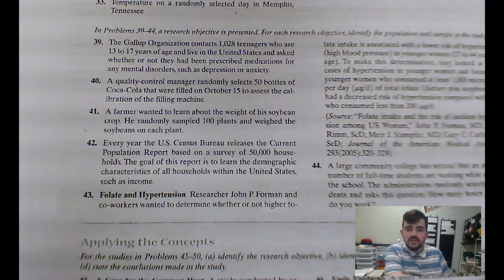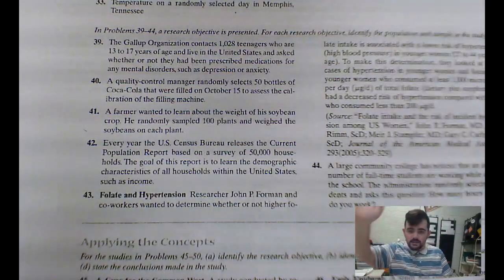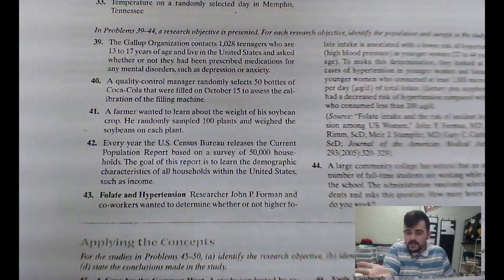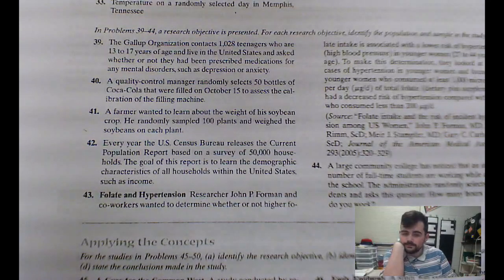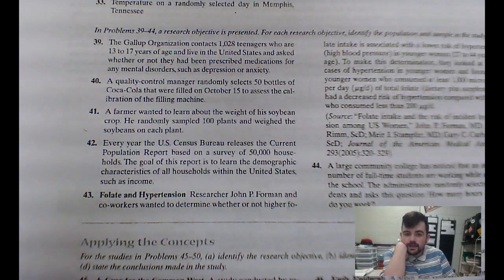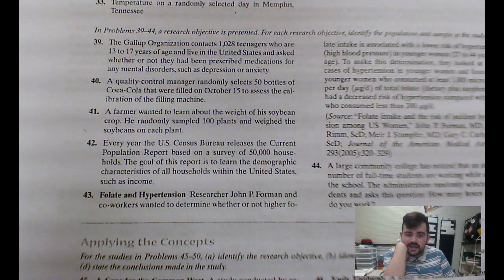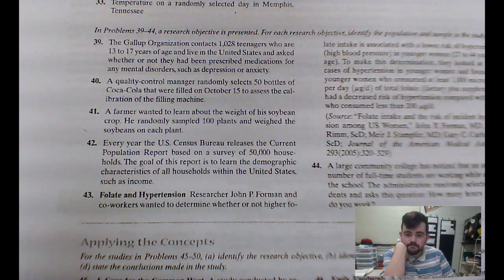A population is everyone who could have been part of that sample. A population is everyone. A sample is just a handful of people from the population. So here, the population is all teenagers aged 13 to 17 who live in the United States.